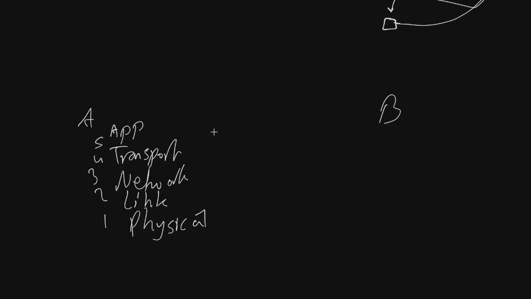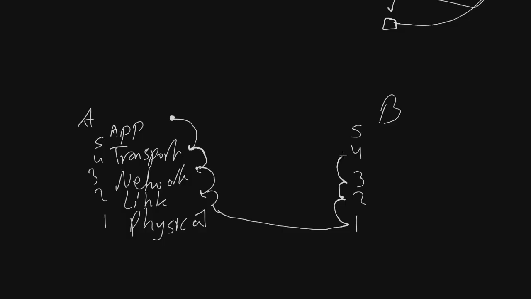This same stack also exists at B, as 5, 4, 3, 2, 1. So when I send something from my Chrome or whatever, it goes from the app layer to the transport, then to the network, then to the link, then to the physical. Then on the physical line, on my cables, it goes back up to the link, then the network, then the transport, until it reaches the app layer for the other user.